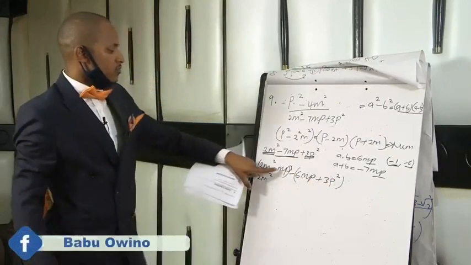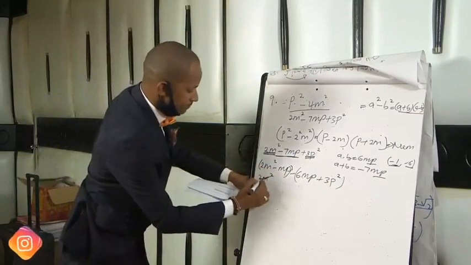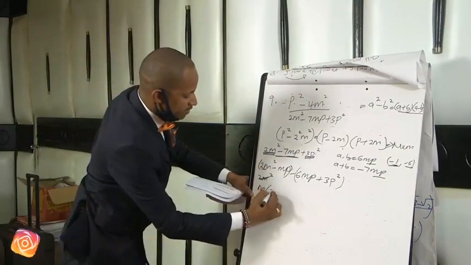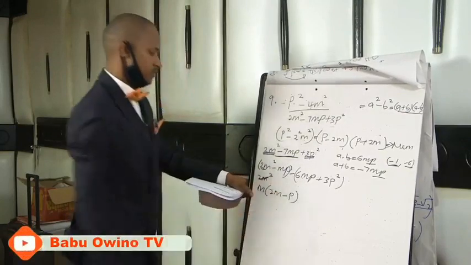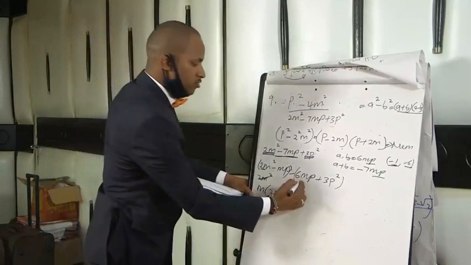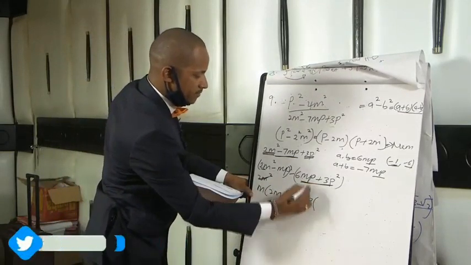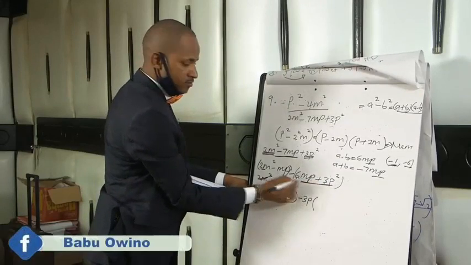What is common in these two is m. m goes into 2m squared 2m times, and m goes into minus mp minus p times. Then what is common between these two is minus 3p. P is here, p is here, 3 is here, and 6 is here, so 3 can go into 6.